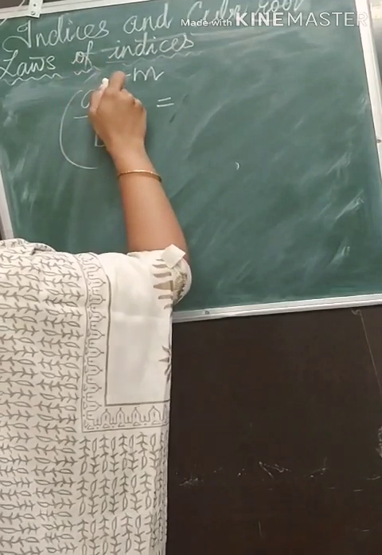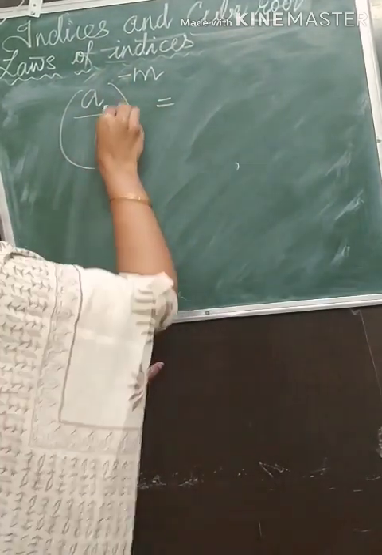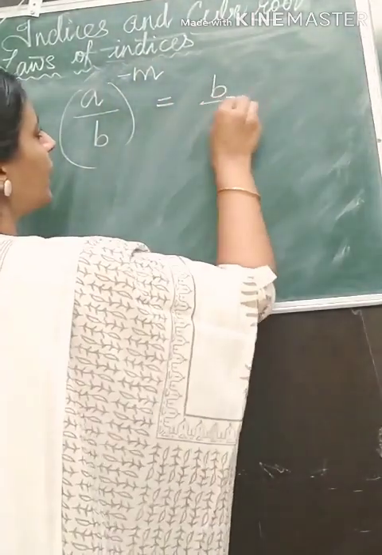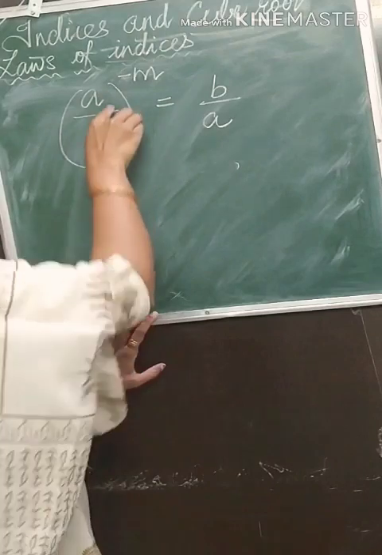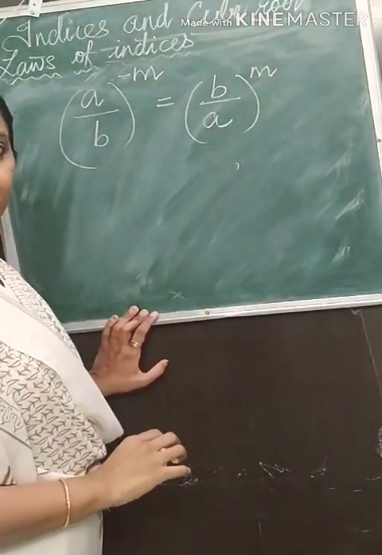Denominator will become numerator, numerator will become denominator. So if you have a upon b, the whole raised to minus m, you will write it as b upon a, reverse, b upon a, and minus m will become plus m.